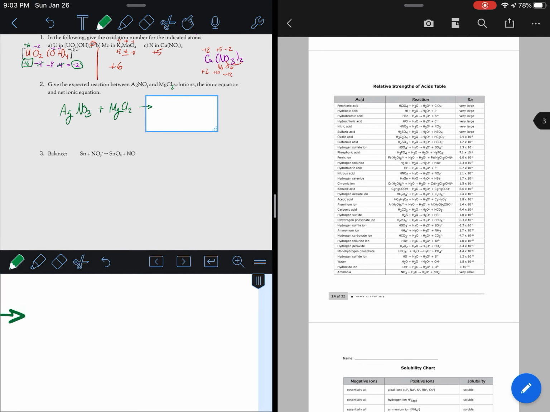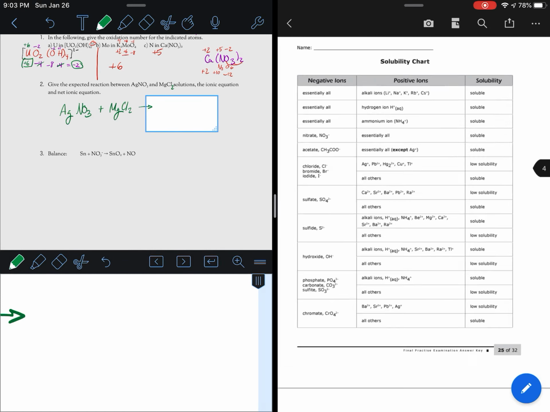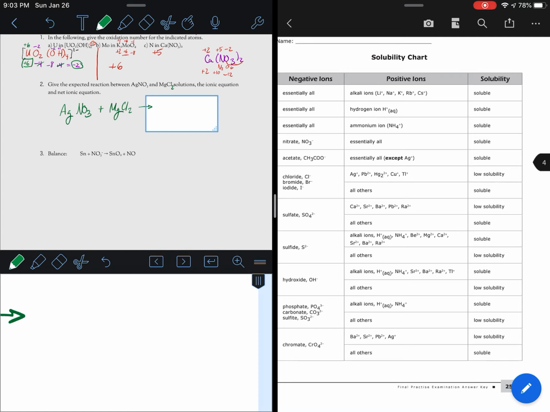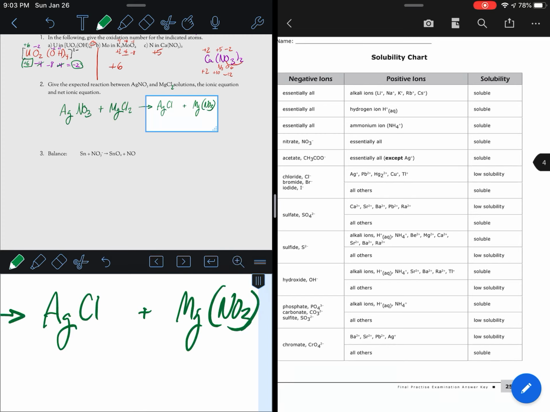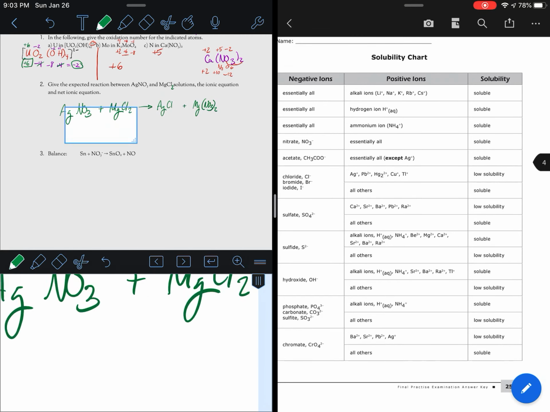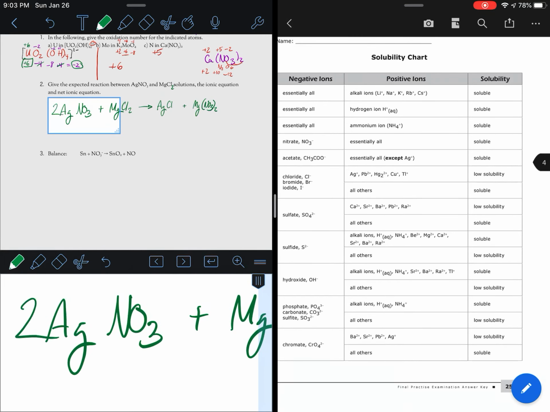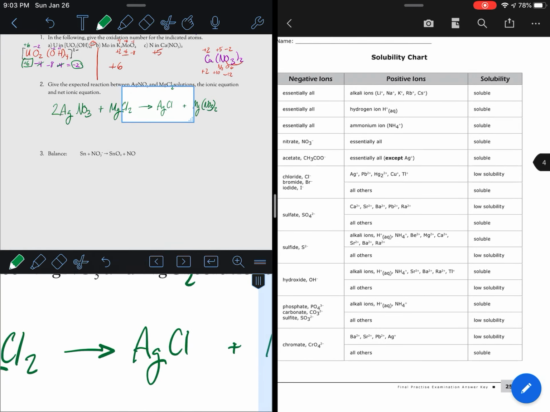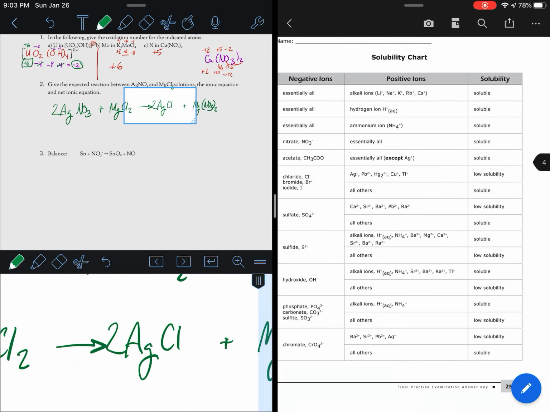And so we need to check its solubility. This is where you could use your basic solubility table. So here's my solubility chart, and I think about the products here. I'm going to get silver chloride, and I'm going to get magnesium nitrate, Mg(NO3)2. And I can balance that. I'm going to need 2 of those, and I'm going to get 2 of those.